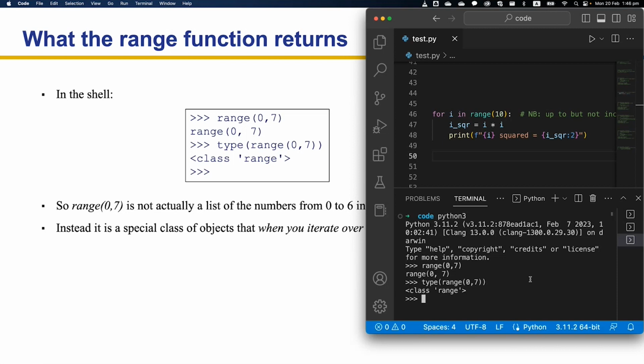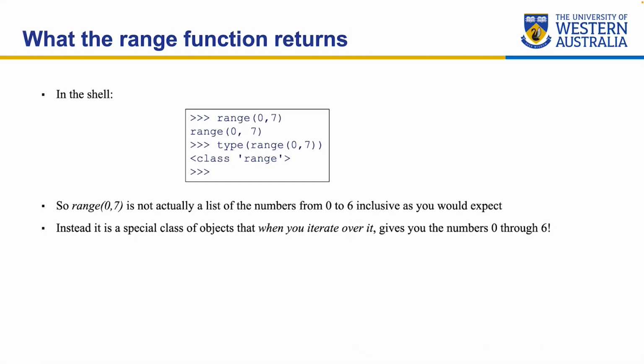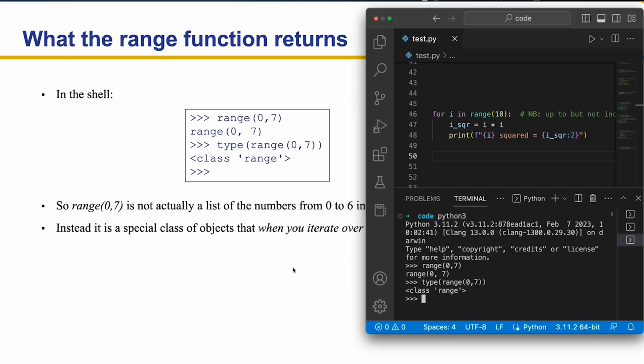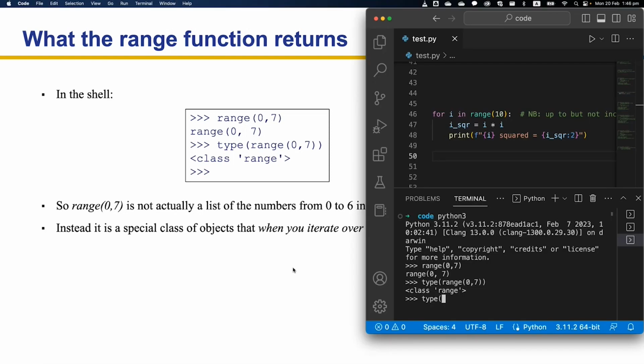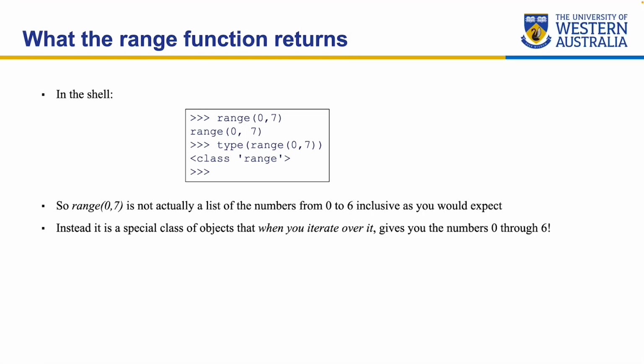Okay, and it says it's a class range. So range is not actually a list, right? As you can see, if I type list, that's class list, whereas range is actually different. So you might have expected that it would create a list, but range has its own type.